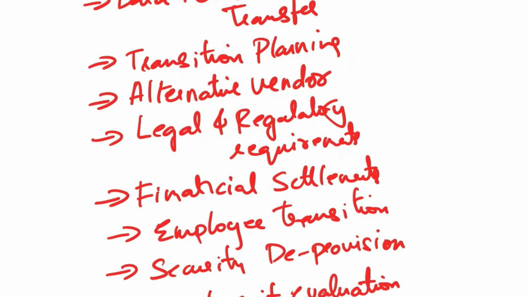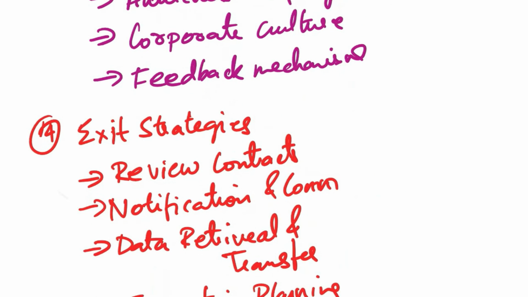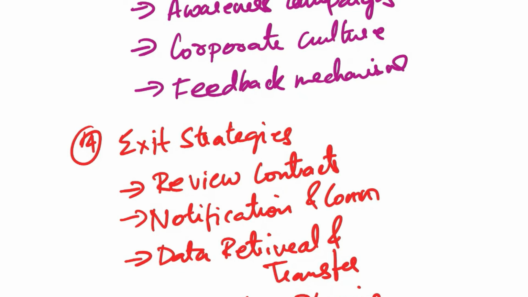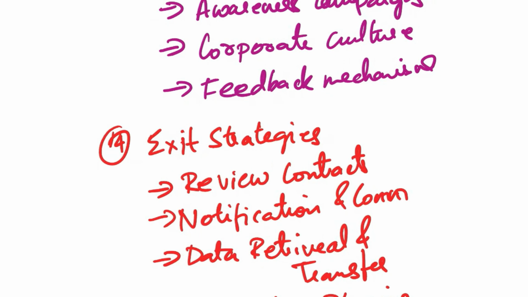So, in conclusion, effective exit strategies in the TPRM process help organizations manage the end of a business relationship with a third party in a structured and risk mitigated manner. This ensures that the organization can transition smoothly, safeguard its interests, and maintain a secure and compliant operational environment.